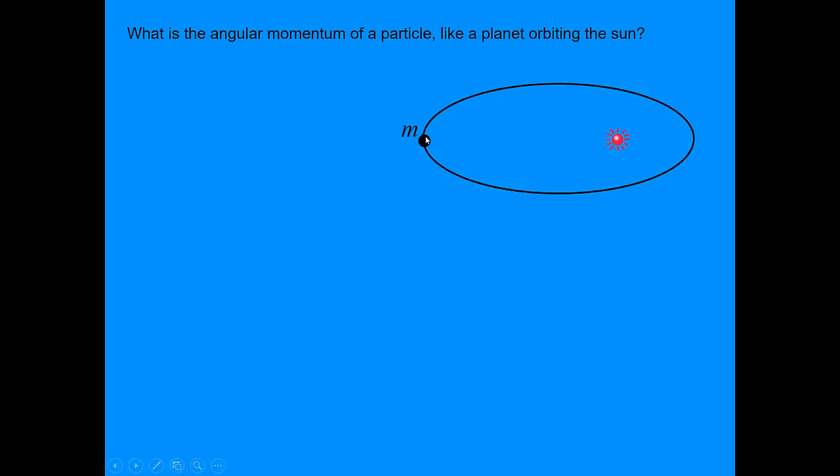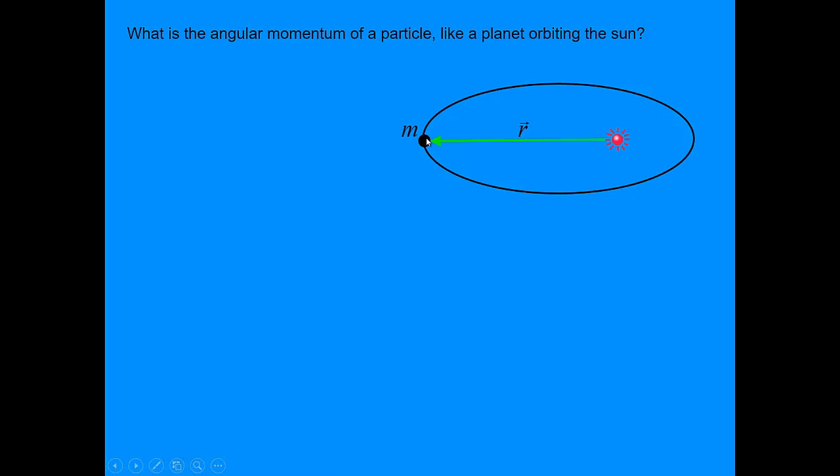I want to know what the angular momentum is. Well, this isn't really a rigid object rotating about a fixed axis. It's a particle, so we'll have to break this down a little bit. Let's start with the fact that right now it's a distance we will call r away from the sun, which is our axis of rotation.